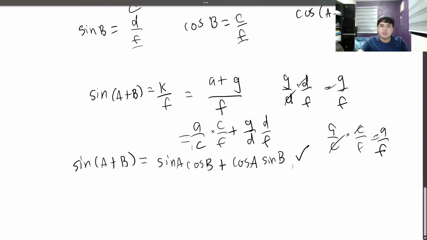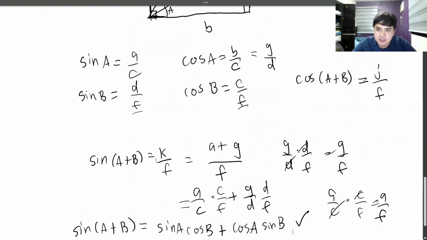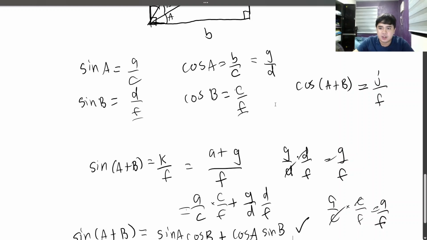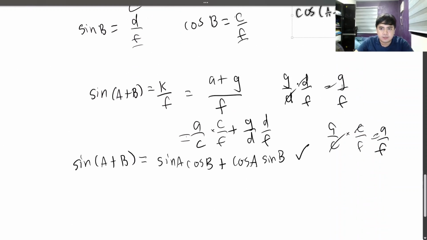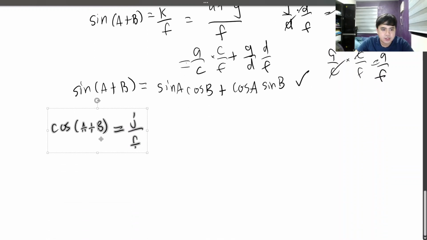That is the addition identity of sine. That's easy, right? So that feels really good. How about cosine? Can we do the same things with cosine? Let me just move this one down here.